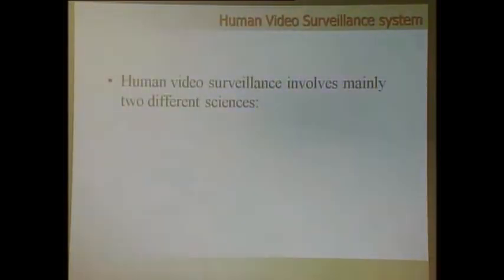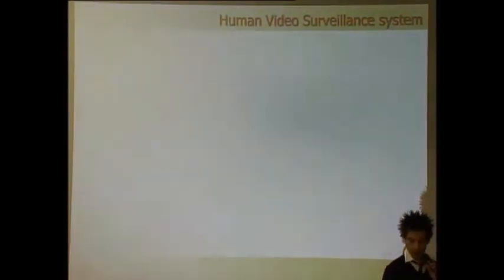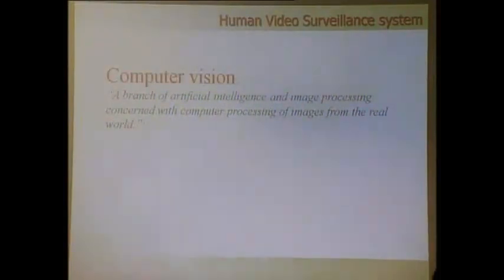When we talk about human video surveillance, this process mainly involves two different sciences. The first one is computer vision, a branch of artificial intelligence and image processing concerned with computer processing of images from the real world.